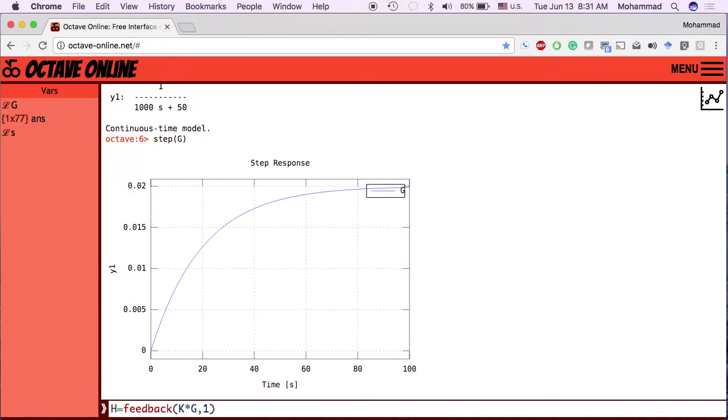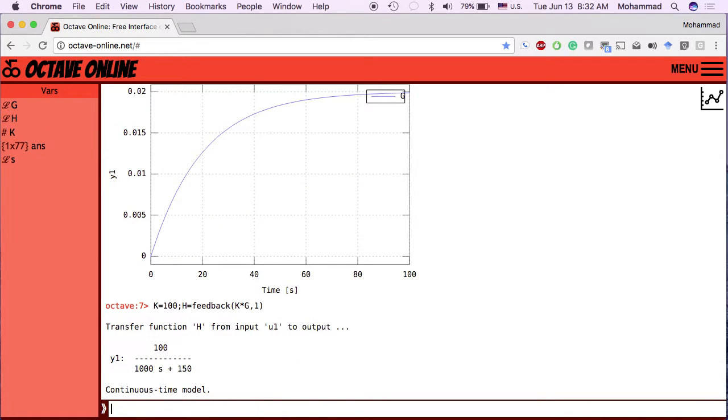We don't have dynamics for the sensor, so this is 1. And we haven't defined what K is going to be yet, so let's start with a small number for K. Let's say K is 100. So I type K is equal to 100. H is a new transfer function made of feedback of K times G, and 1.